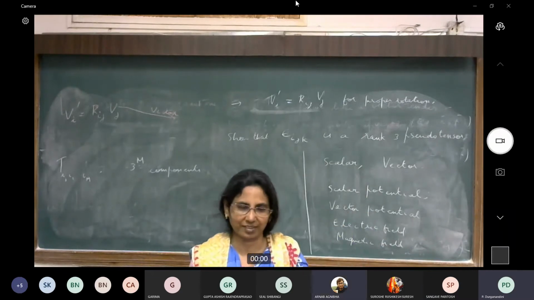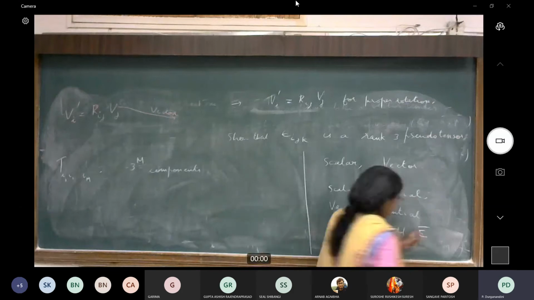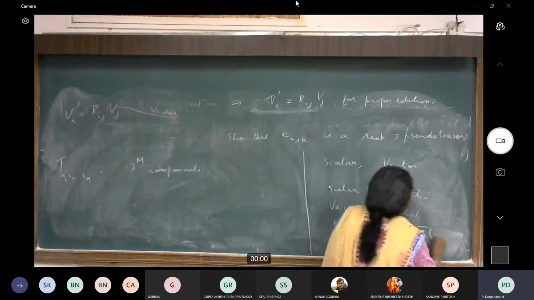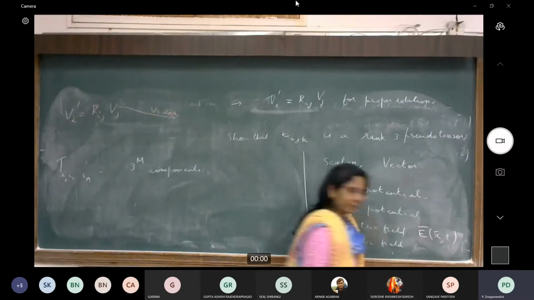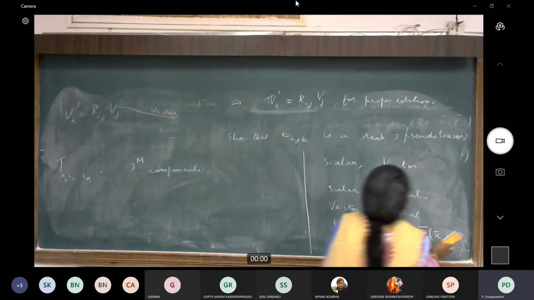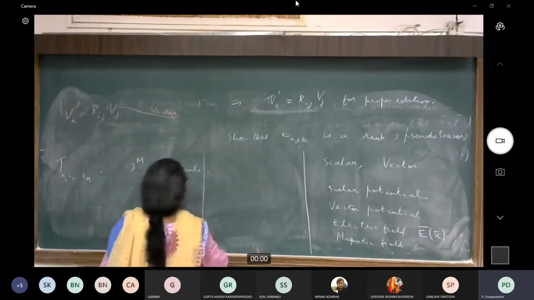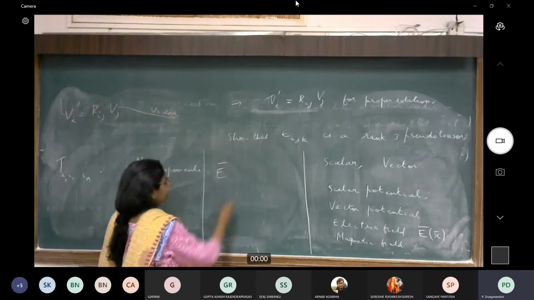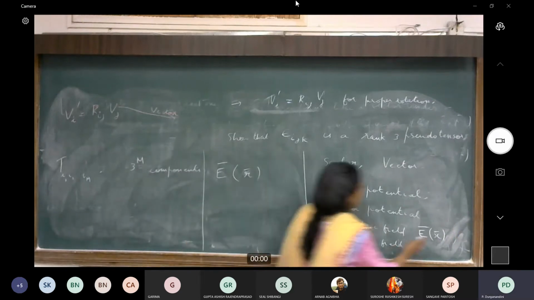E vector, E bar. So it's a vector quantity. And then you also have a dependence on x and possibly also on time. So most generally, forgetting the time for the minute, you have this object E of r. I'll put it as r because we have been using r.